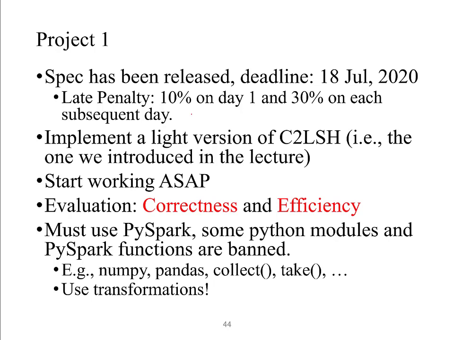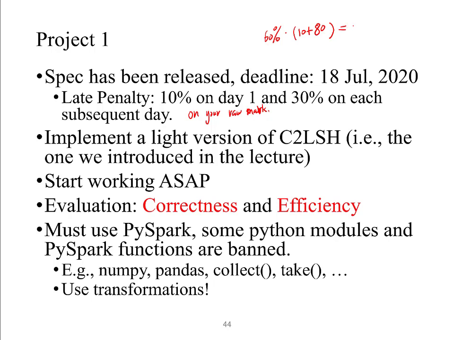This late penalty is on your raw score or raw mark. For example, if you delay for 2 days, then you can only have 60% of the score as your total score. Let's say we have a report worth 10 marks and the implementation worth 90 points, and you've got 80 for your implementation.